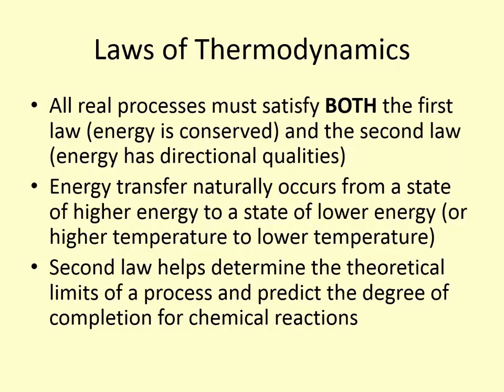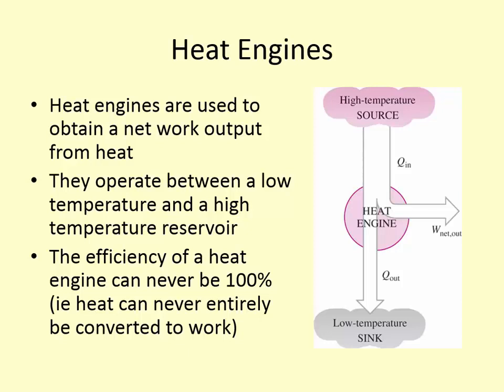So we can predict whether or not this process can actually occur using the second law. But we will learn ways that we can use the second law also to determine not only whether or not it will occur, but also the extent to which it will occur, what the theoretical efficiency limits are as we start using some of the Carnot approach, which we get into next lecture.